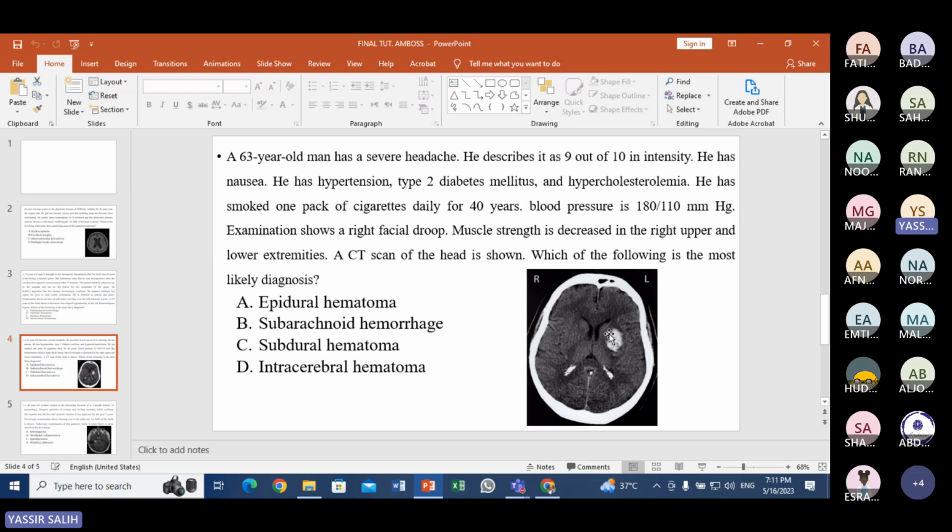It could be seen in the ventricle but mainly in the cisterns and sulci. But here this blood is seen where? In the basal ganglia. So it is within the brain parenchyma: intracerebral hematoma.